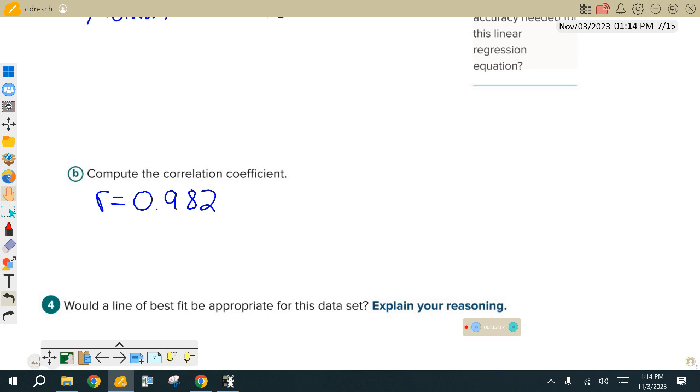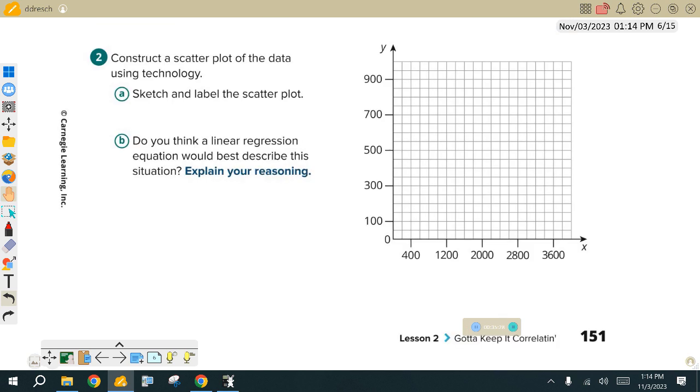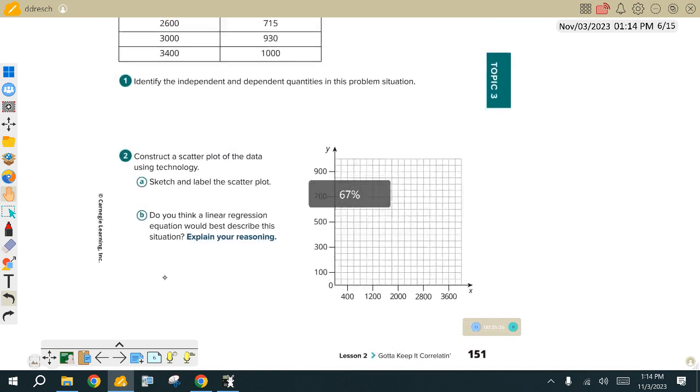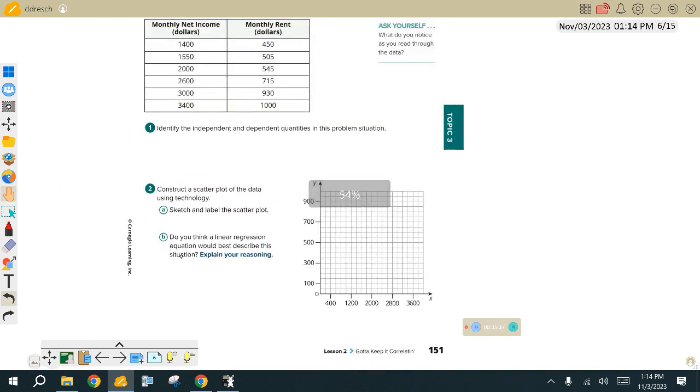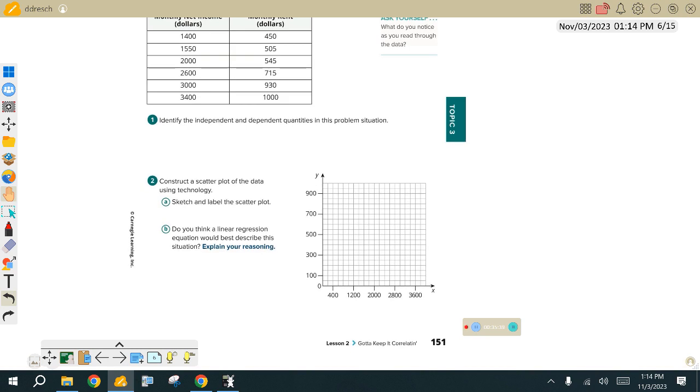That is absolutely correct. So with that now, we're going to go back now and make that scatter plot, and we'll answer that last question. Okay, on that scatter plot, plot those points. If you haven't done so yet, let's plot those points, and then we'll finish this off.